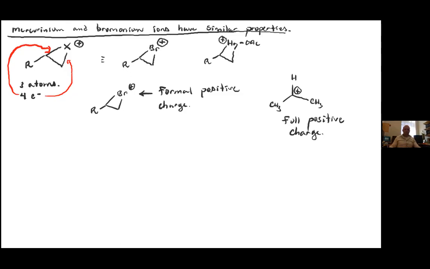On the left, we've got the bromonium ion. On the right, we've got a carbocation. The formal positive charge on bromine within the bromonium ion is going to be a more stable arrangement than having a bona fide carbocation. And we can connect this with resonance structures that we talked about earlier in the class. So this is more stable.